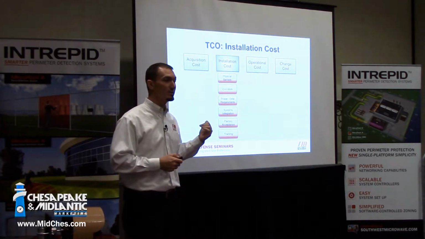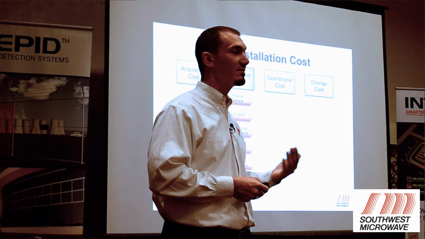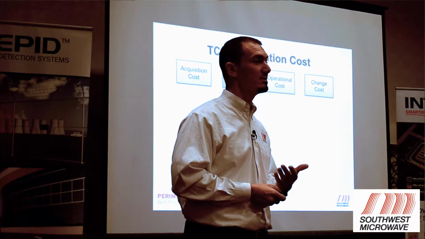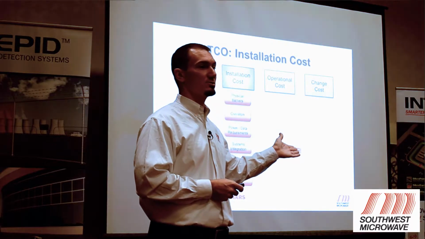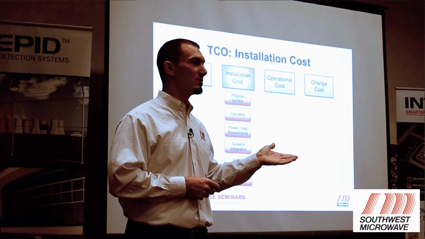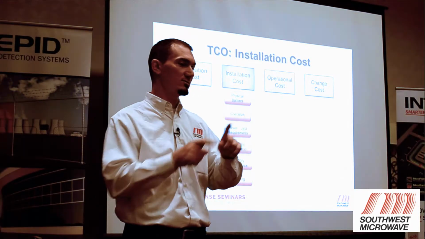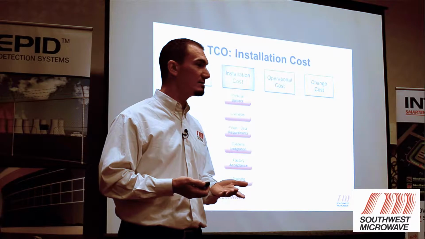The civil work. Because our fence sensors pass power and communication over the sensor cable, the civil work to install one of ours is significantly less than many of our competitors. For example, if you have a 2,000 foot perimeter, that's a 2-processor system for us. Doesn't matter how many zones you have. If you're using one of our competitors that has a processor with 2 zones on it, then they have to ask you, well, how many zones do you need?